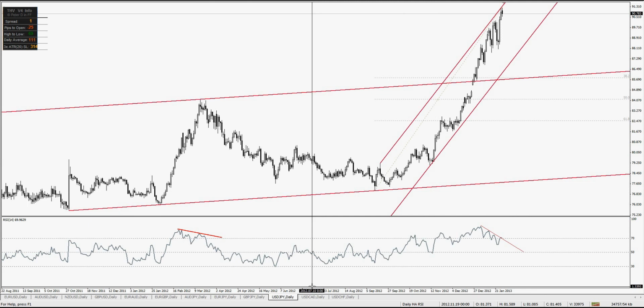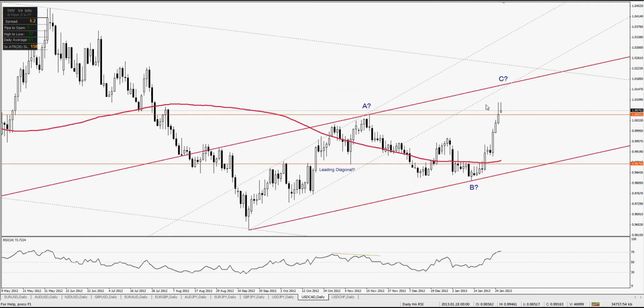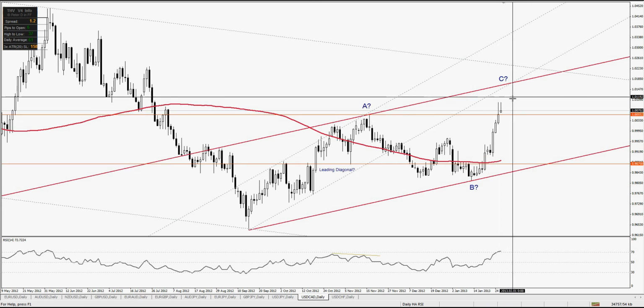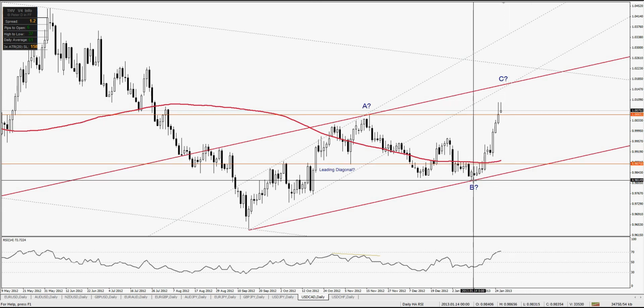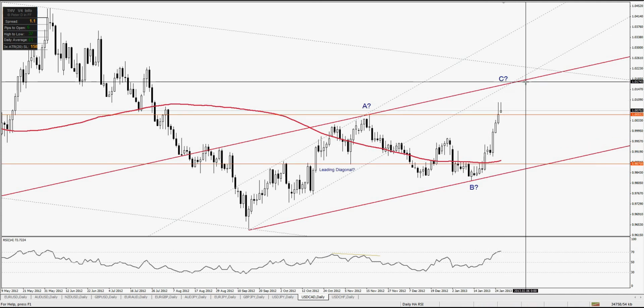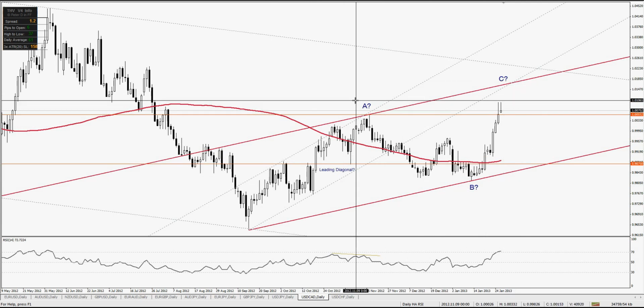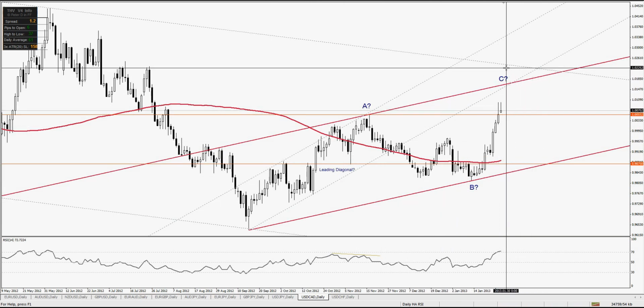So CAD needs to get going here. I don't like the way this thing is looking, but I'm looking at possibly 1, 2, 1, 2, 3. Need a 4, 5, 4, 5. Question is, is this just an A, B, C?